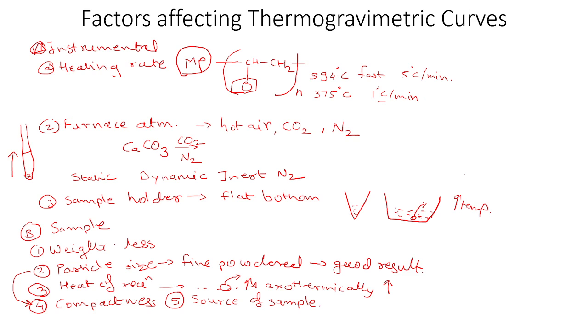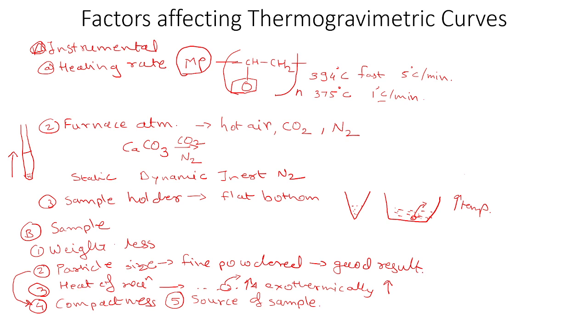For example, take the sample size less, meaning take a small quantity of sample, then as far as possible use the powdered form of the sample, that is, particle size or compactness. Then the source of sample: if you know the source of sample, you can specifically mention why, for the same change, two different curves or two different temperatures are indicated.